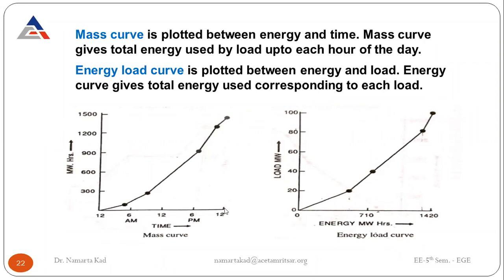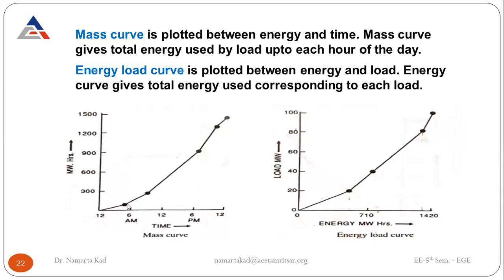Like, see this curve. This one is the mass curve. On the x-axis there is the time 12, 6, 12, 6, 12. So this is the format for the time. And on the y-axis there is the energy, in megawatt hours or maybe kilowatt hours. So this curve represents the energy consumption for a fixed duration of time.